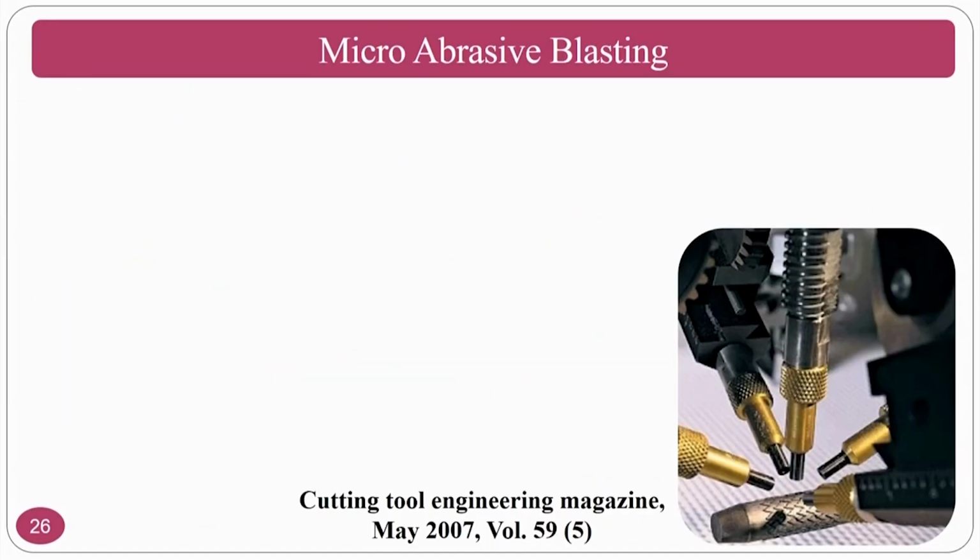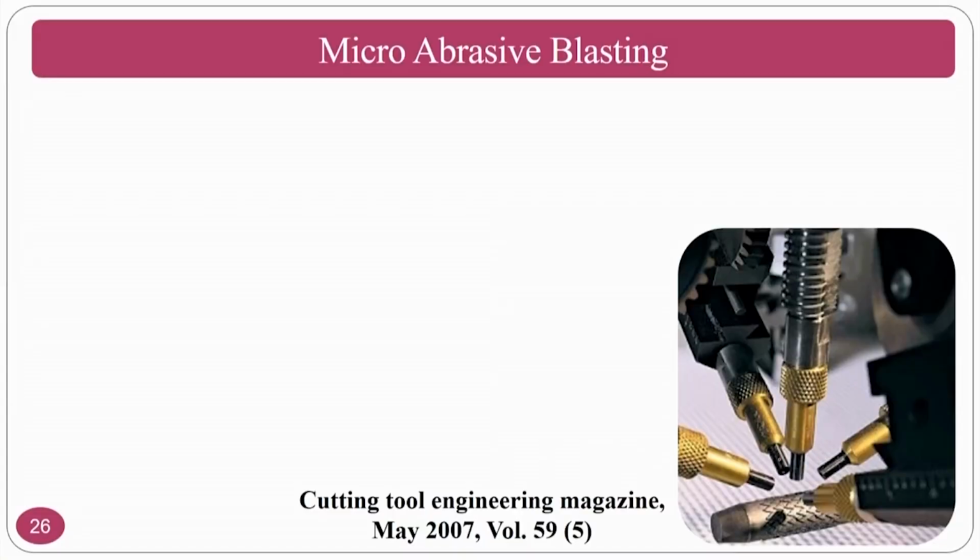Okay, if your requirement is to finish the surface uniformly, then you have to go for lower abrasive ratios. Micro abrasive blasting is normally the same thing as sand blasting, but here the particle sizes are very fine. I mean ultra fine, with mesh sizes crossing 1000.